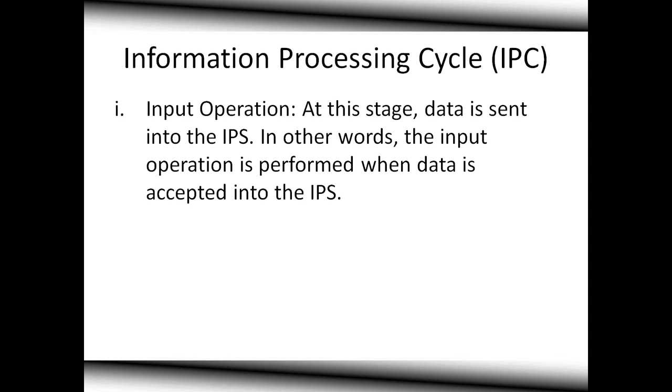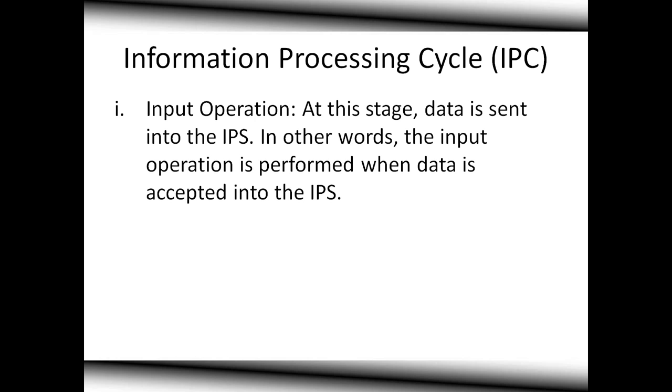In other words, input operation is performed when data is accepted into the information processing system. The data is given by the user or the people. Then the information processing system will take that data and then do whatever it has to do to it.